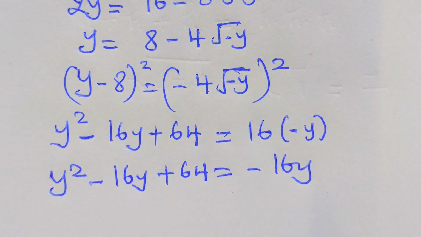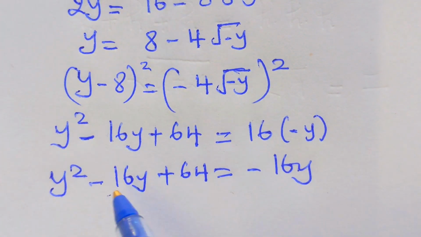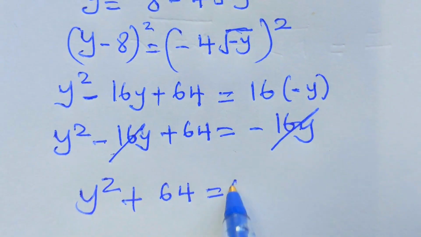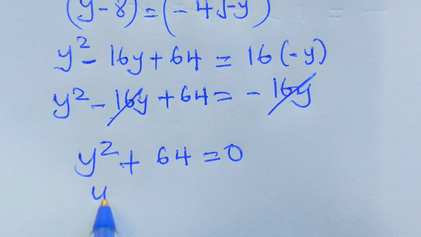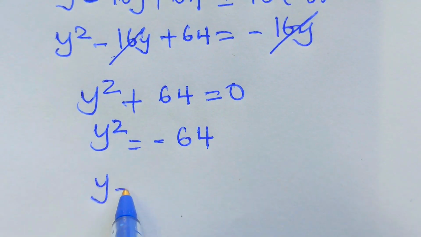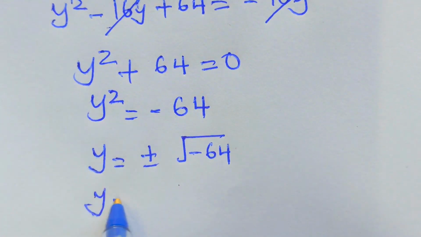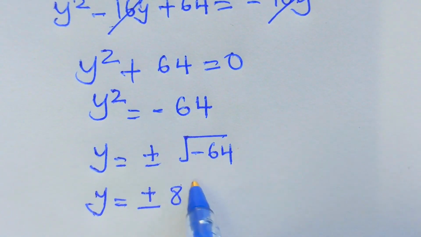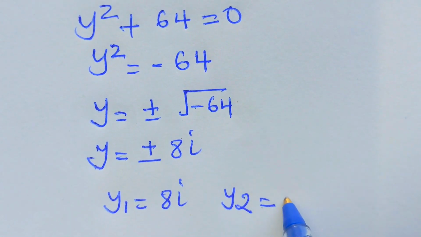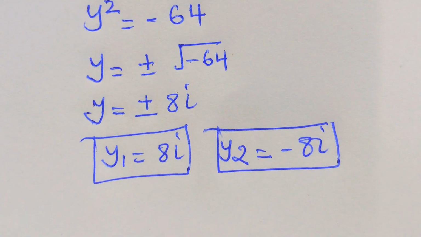And then at this stage of course we have the terms on opposite sides, but they are the same, so here we shall cancel them to get y squared plus 64 equals 0, and then y squared will be negative 64, and of course y will be positive or negative square root of negative 64, and of course we get y equals positive or negative 8i, to mean that y1 equals 8i and y2 equals negative 8i, and this is the value of y that we have right here.